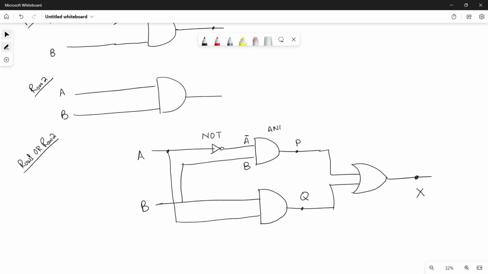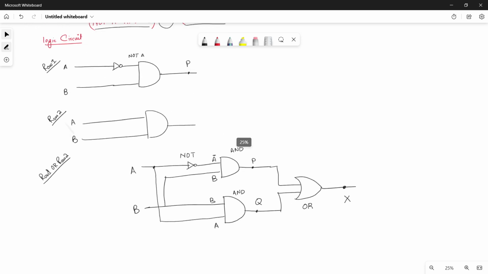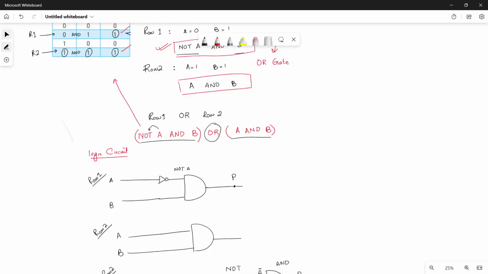This is your AND gate. Then the next one is also an AND gate, which is taking A as it is and B from here. It's passing through the AND gate and giving us the Q output. Then P and Q will be joined. The outputs of both the AND gates will go to the OR gate to give us the final result. This is how you make the circuit out of a logic expression.